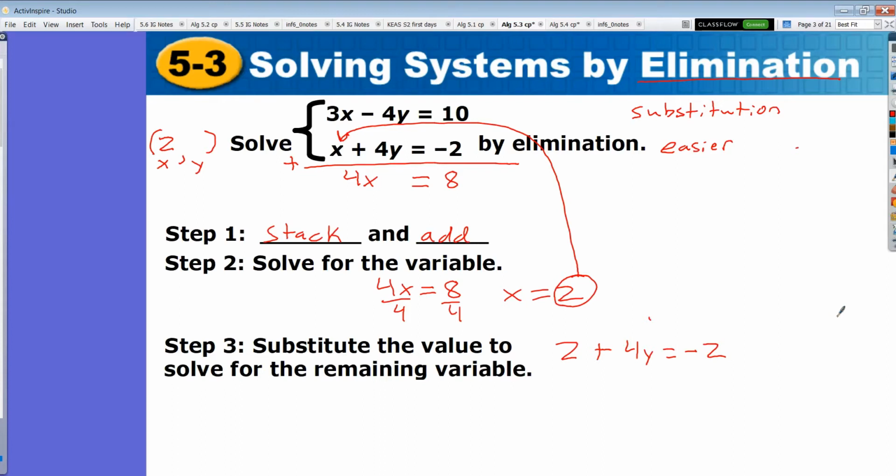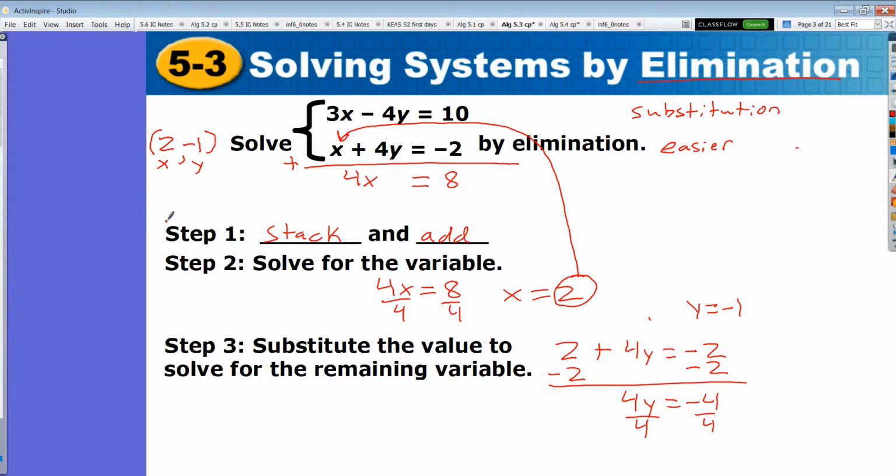All right, now I'm just going to solve for y, going through my chapter 1 algebra steps, minus 2, canceling out the 2, minus 2. So I get 4y equals negative 4. Divide by 4, divide by 4, and that gives me y equals negative 1. All right, so there is my y coordinate.